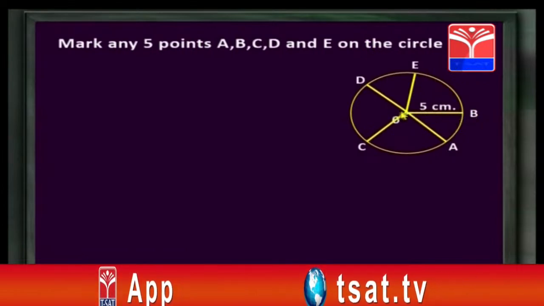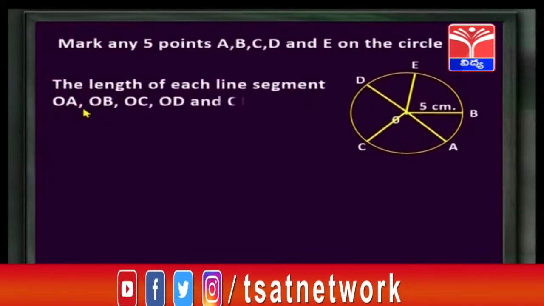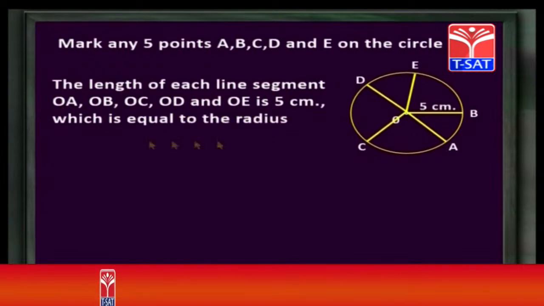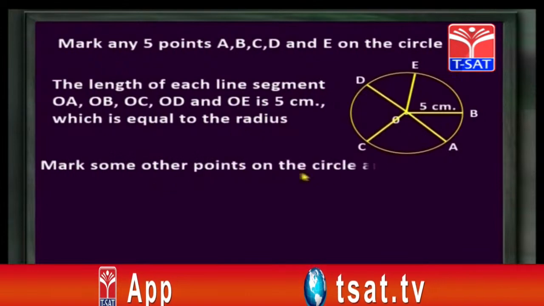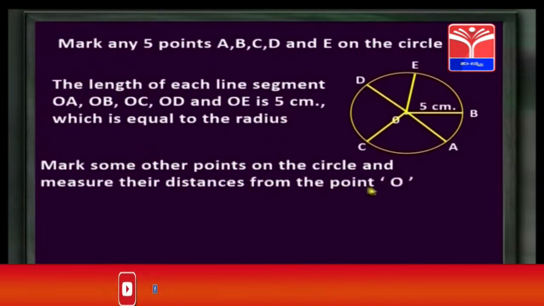In fact, OA, OB, OC, OD, OE are radii of the circle. So, the length of each line segment OA, OB, OC, OD and OE is 5 centimeters, which is equal to the radius.